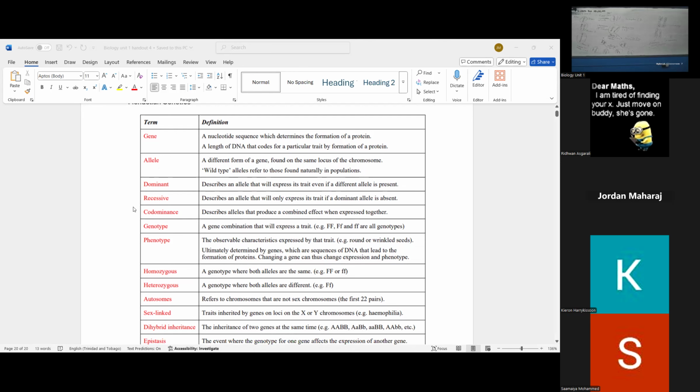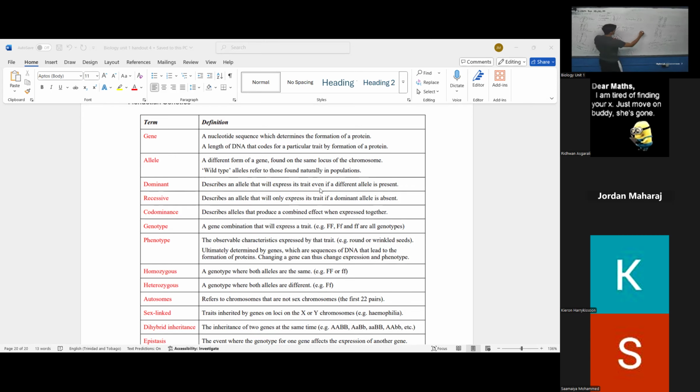We also need to know what dominant and recessive mean. Genes are not dominant, alleles are dominant. A dominant allele refers to an allele that is expressed in a heterozygous setting. Remember, heterozygous means two different alleles. Big A and little a is a heterozygous combination.